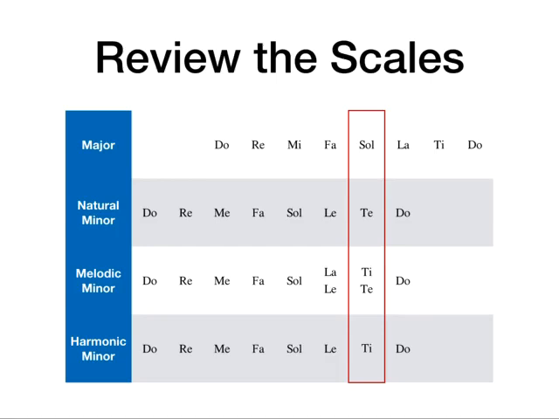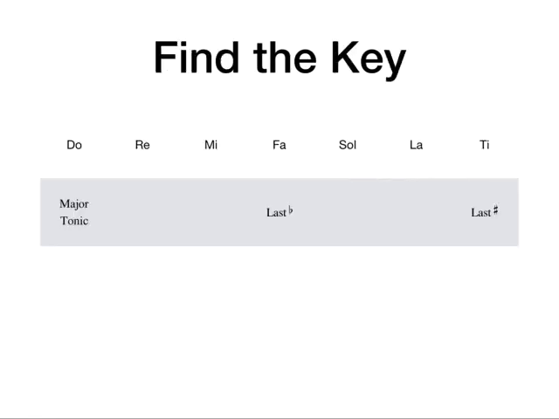If that 5th scale degree stays within the key signature, you know you're in the major key. If it is raised a half step above the key signature, then you are almost certainly in minor. This is the chart we use to determine the key from the key signature. You look at the last flat or the last sharp, you fill in your alphabet, and you find your major tonic.